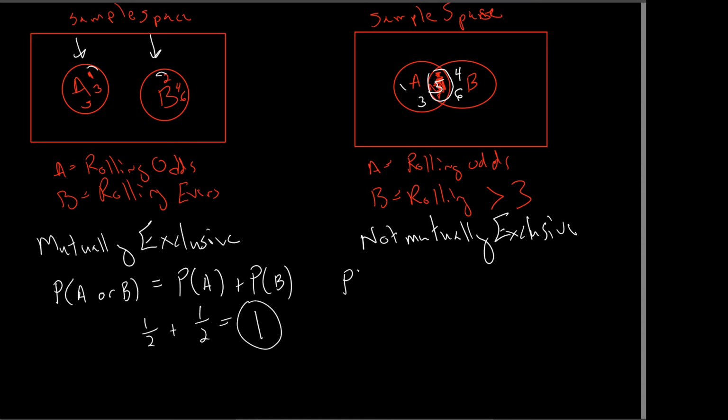In this case, though, the probability of A or B when they're not mutually exclusive updates the formula. We have to take into account that shared space. And so we say it's the probability of A plus the probability of B minus, and we have to subtract from it that shared amount.